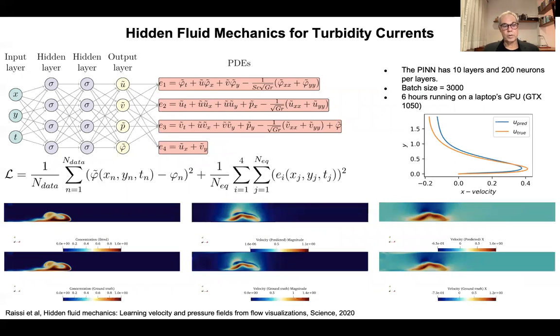Another emergent field is what we call hidden fluid mechanics. Here we use a neural network where we impose the satisfaction of a PDE in this loss here. We have some measurements of concentration, some data and observations, and we use this to extrapolate the other fields we don't know, like velocity and pressure.